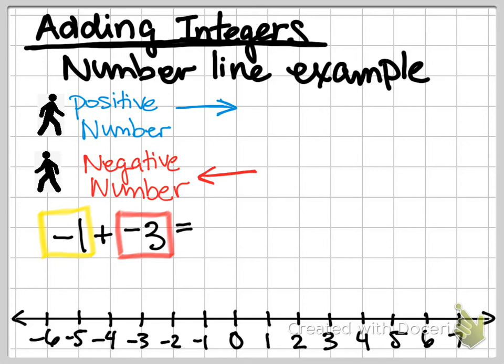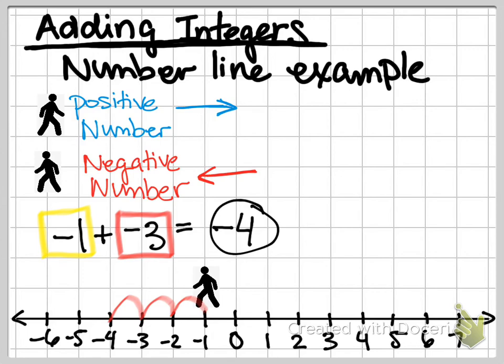And I'm going to paste them right here over the -1. So that's where they're starting out. I need this person to move forward 3 spaces. So that's going to look like this. 1, 2, 3. And they have ended up at -4. And that is my answer.